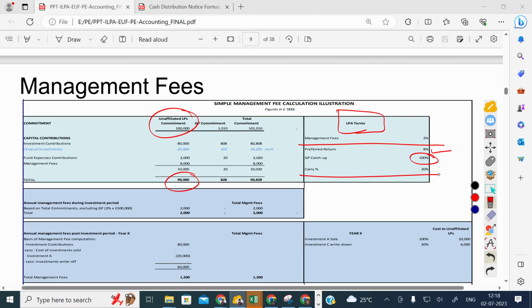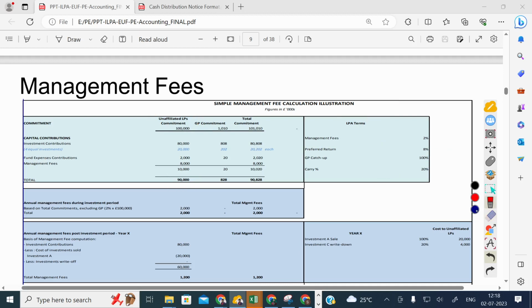So you would see all these terms, and that's what you should check in the LPA, the limited partners agreement, for each and every partner. If you don't check it, you won't be able to calculate anything as such, right? So this is the format.